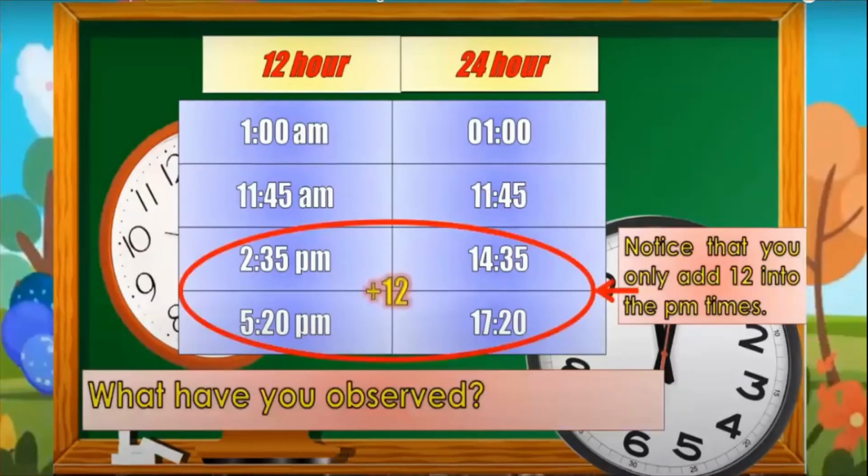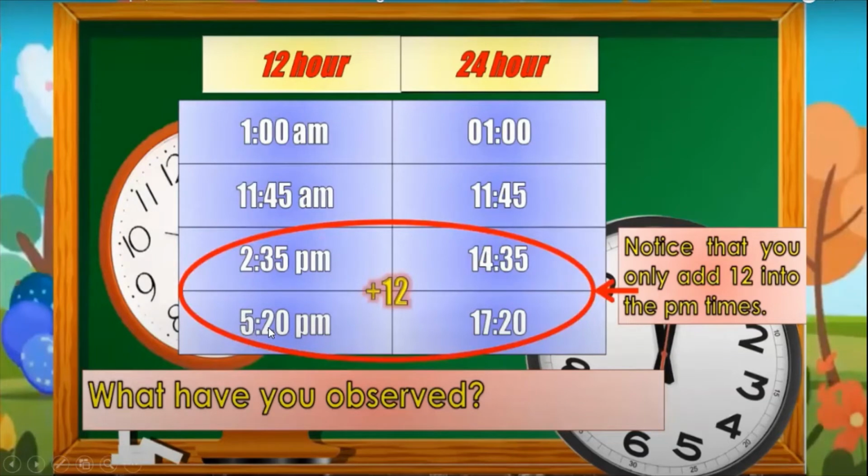Now let us compare the 12-hour system and the 24-hour system. We have 1 a.m., still that is 1 a.m. for 24 hours. We have 11:45 a.m., that is still 11:45 in the 24-hour system. But in p.m., what have you noticed? We have 2:35 p.m. For the 12-hour system, that is 1435 hour.